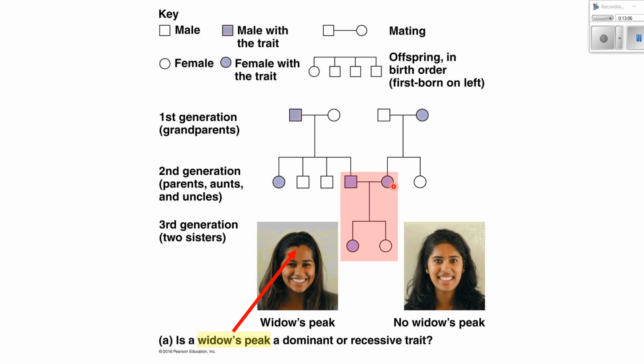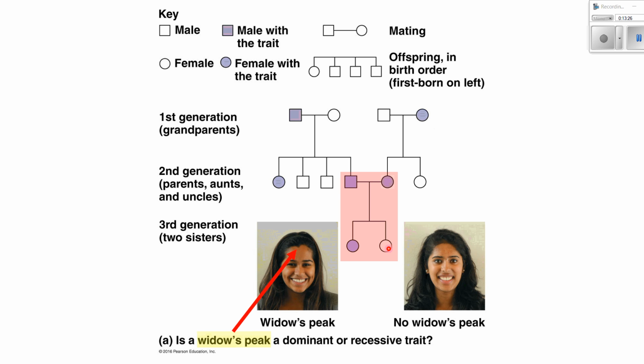There would be no big W's, right? And so how would you possibly get a girl without widow's peak? If both of these parents were homozygous recessive, how could this girl show a dominant trait?